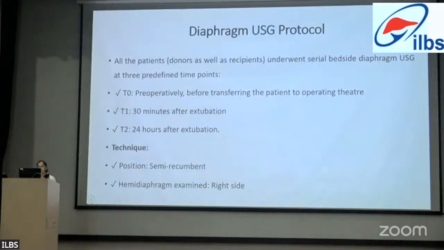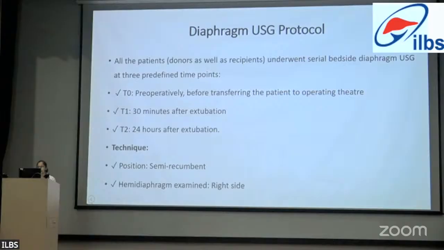The diaphragm ultrasound protocol: all the patients, donors as well as recipients, underwent serial bedside ultrasound at 3 predefined time points, that is T0, T1 and T2. T0 was preoperatively, before shifting the patient into the operation theater, T1 was 30 minutes after extubation, and T2 was 24 hours after extubation.